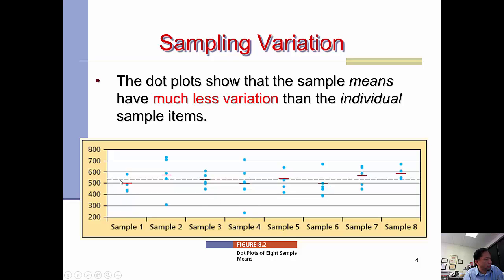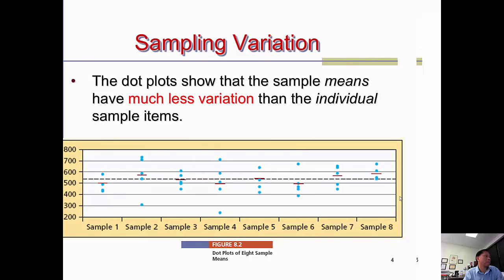This is sample 1, the first 5 numbers here. Sample 2, sample 3, 4, 5, 6, 7, 8. The blue dots represent the actual scores, right? And the red line here shows the average of the group. You can see that the sample means have much less variation than the individual sample items.